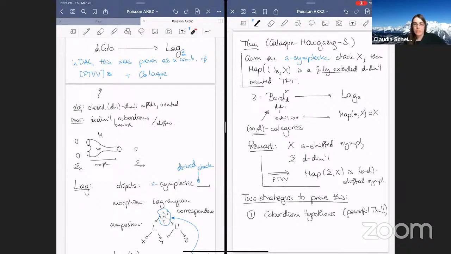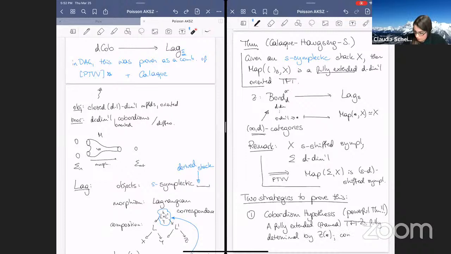And what this says is that these theories are fully local. So a fully extended theory is fully local. It's fully determined by what happens at a point. This is the informal description. A fully extended framed TFT is fully determined by Z on the point.